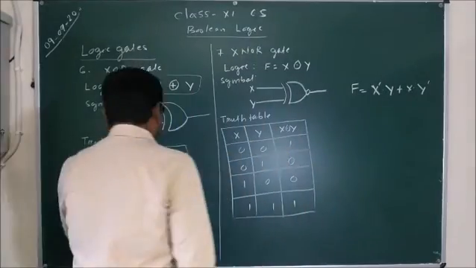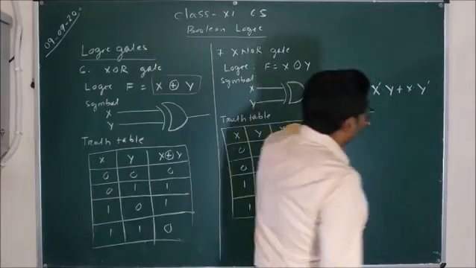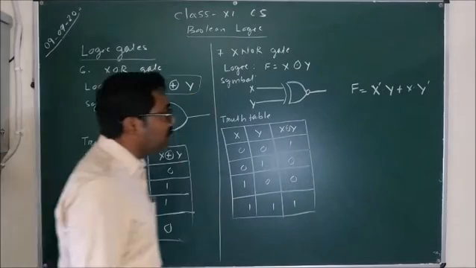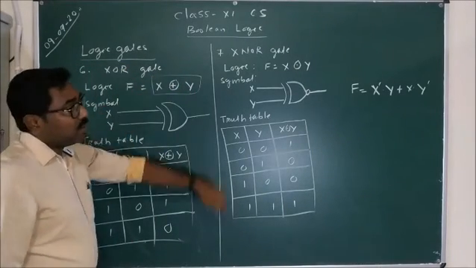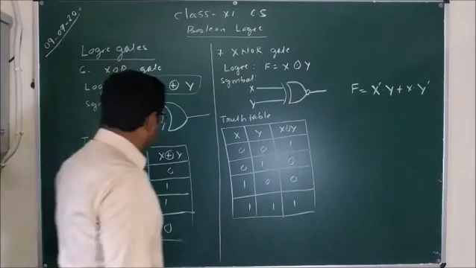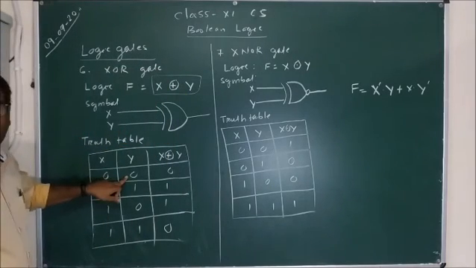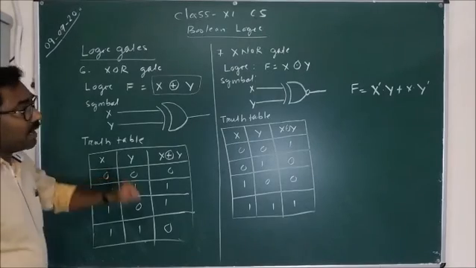As I told you, this is the logic that will be solved through this particular operation. So when we solve this logic, take the values X and Y. X is 0 and Y is 0.